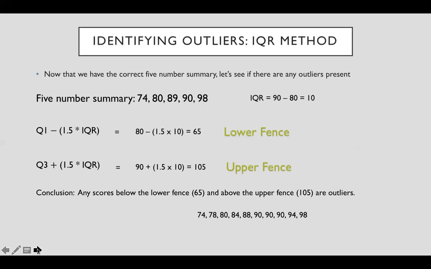So now that we have our lower and upper fence, any scores below the lower fence of 65 and above the upper fence of 105 are considered outliers. So looking at this data set, are there any outliers present?